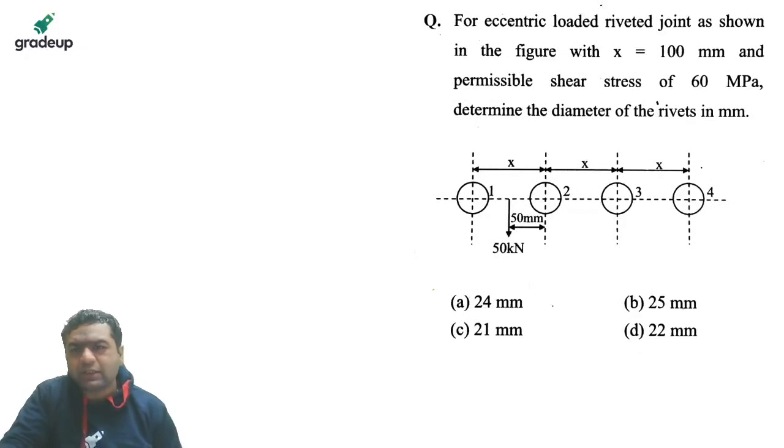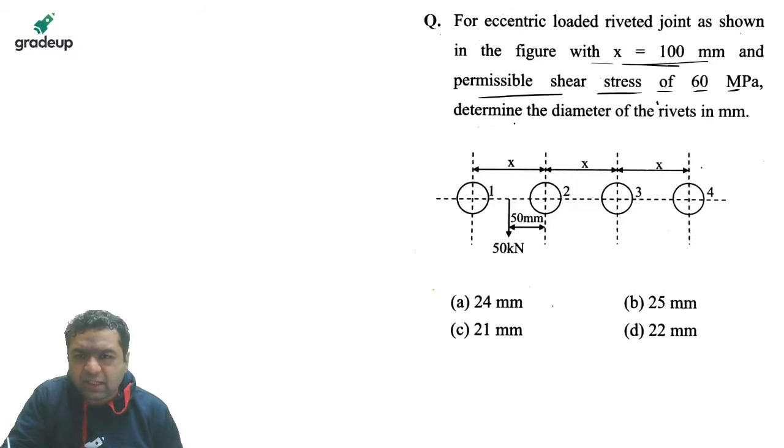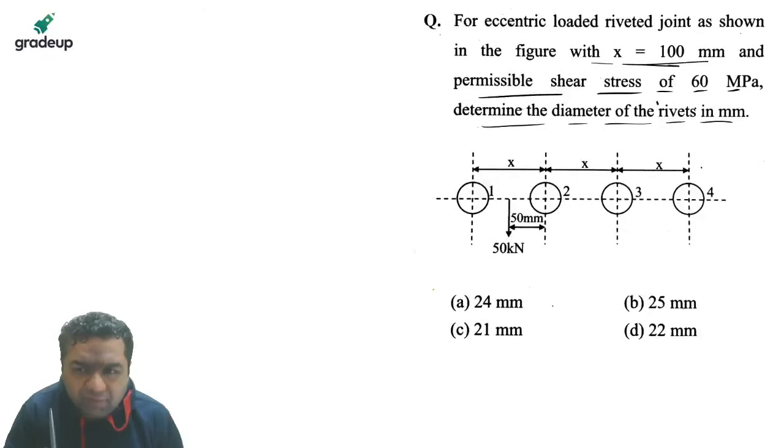Next question is, for eccentric loaded riveted joint as shown in the figure with X as 100 mm and permissible shear stress of 60 MPa, determine the diameter of rivet.